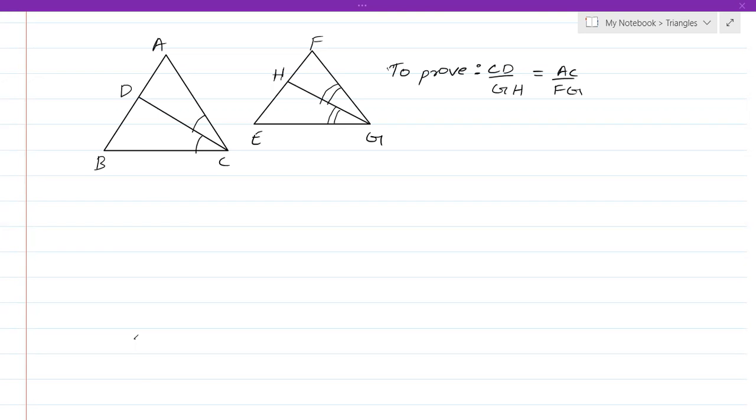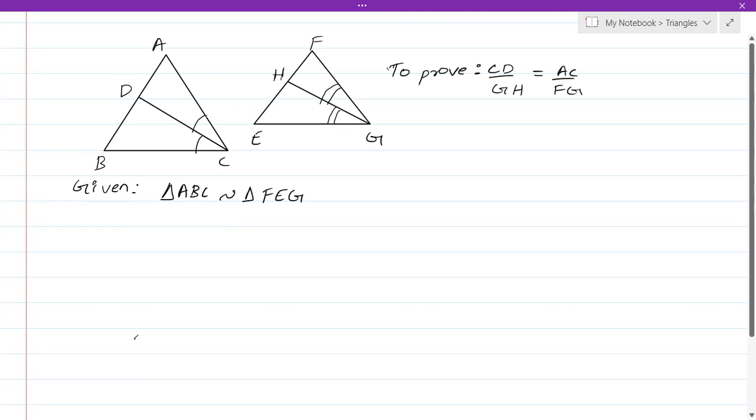It is given that triangle ABC is similar to triangle FEG. As you can see, there is a triangle ABC.